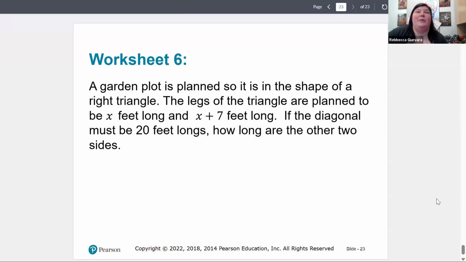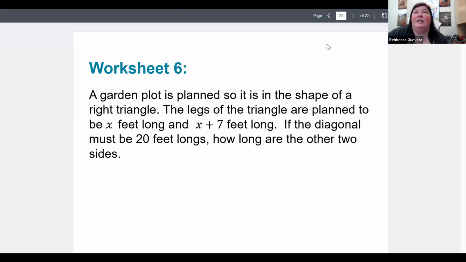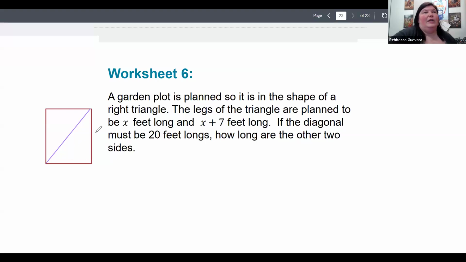All right, so your last problem, a garden plot is planned so it is in the shape of a right triangle. The legs of the triangle are planned to be x feet long and x plus 7 feet long. If the diagonal must be 20 feet long, how long are the other two sides? So using Pythagorean theorem again. We have a garden plot that looks like this.